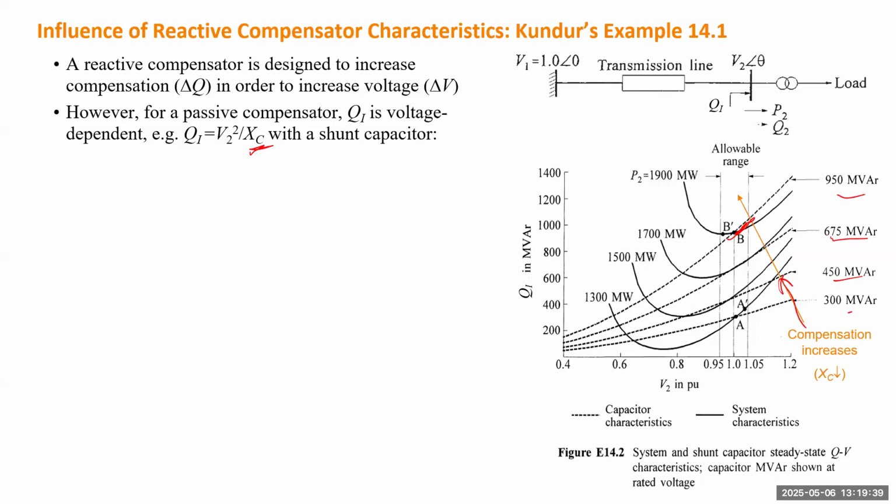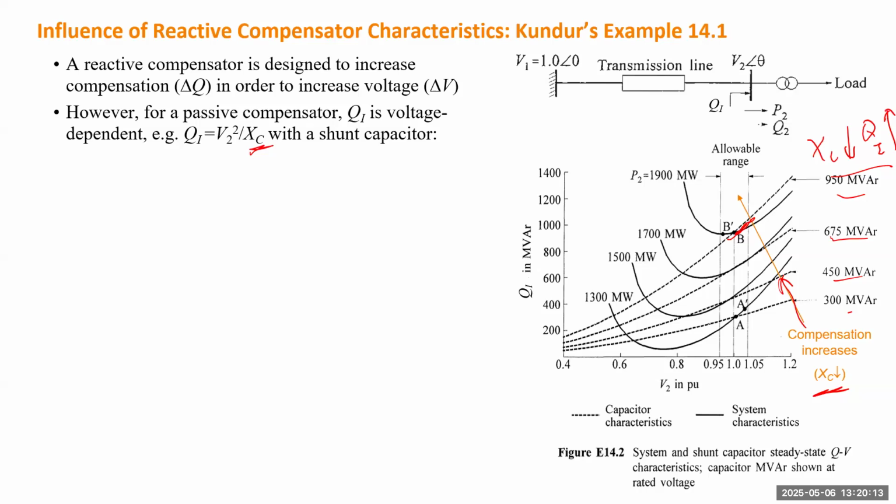Definitely the reactive power injection to the system will be growing, but that is caused by the decrease of the inner reactance. So when the XC decreases, the QI will increase. This is true only for voltage near 1.0 per unit, based on their design.